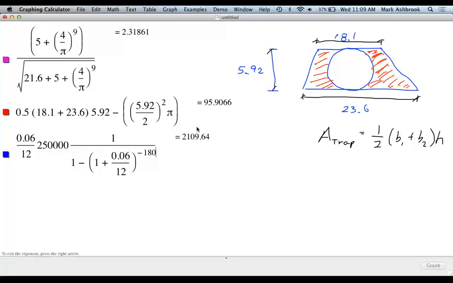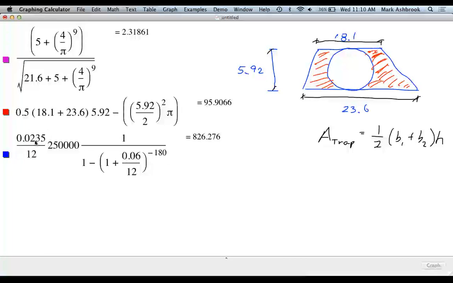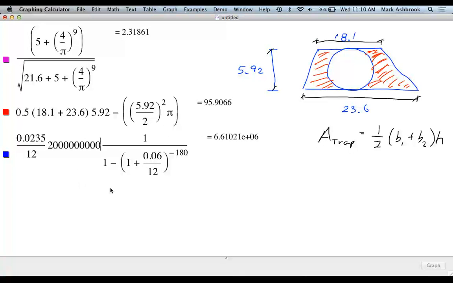All right, so which one's that? The last one or the second to last one? I'm going to do that second to last one. So, $2 billion loan, 120 payments.